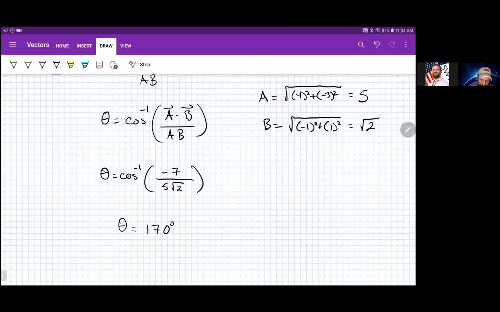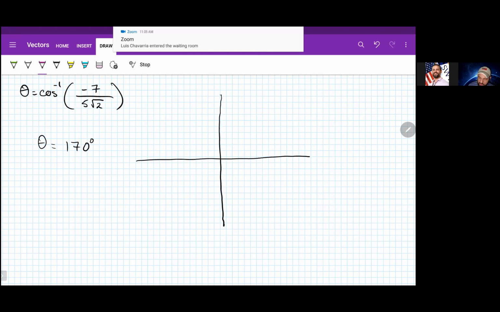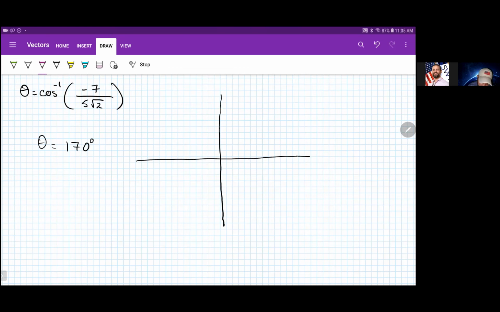Okay. So if I were to draw these out, and I'm not going to be able to do this perfectly, but let's try. A was 4 and -3. So let's say that's about 4 here, and -3 is about here. So that's my A. And then if I were to draw B, B is -1 and 1.